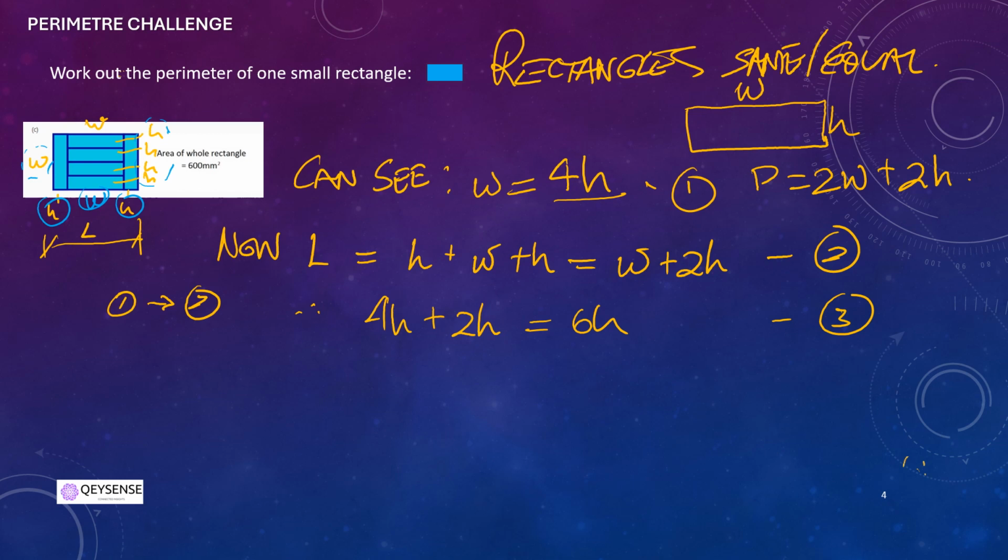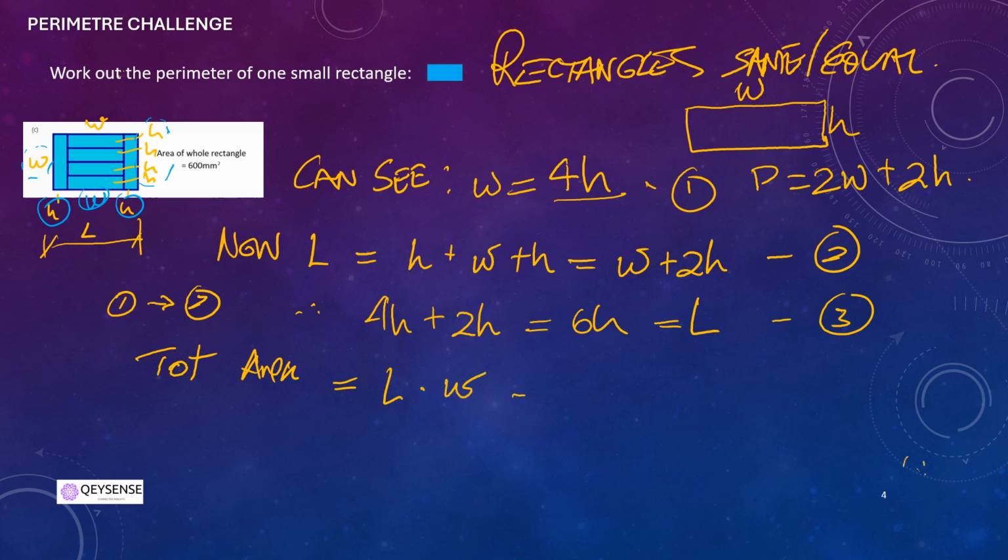So therefore the total area, the length equals 6H. Let me just get that length there. Okay, so now we go total area equals the big W, simply the length times W, based by height.